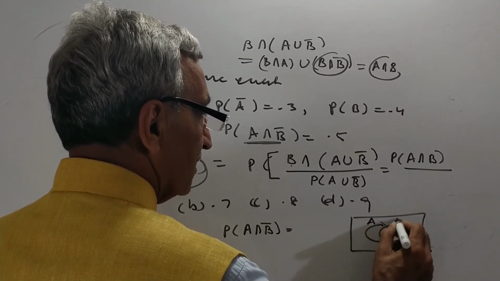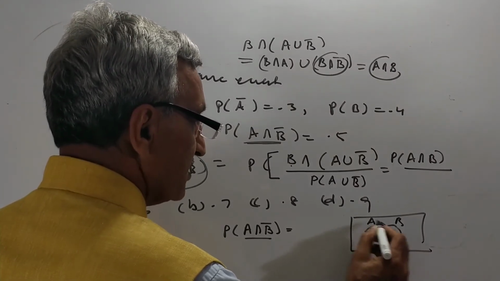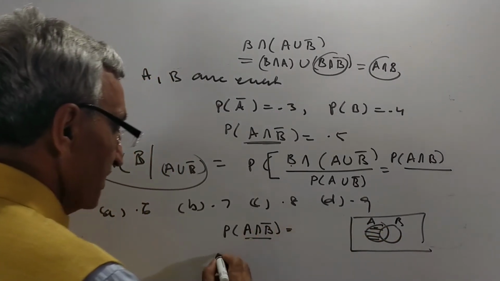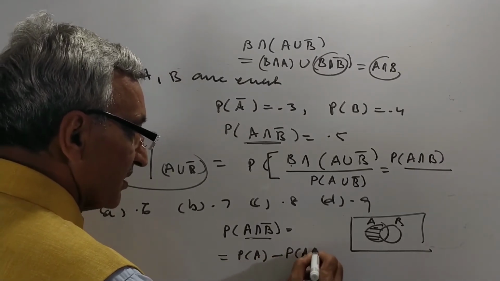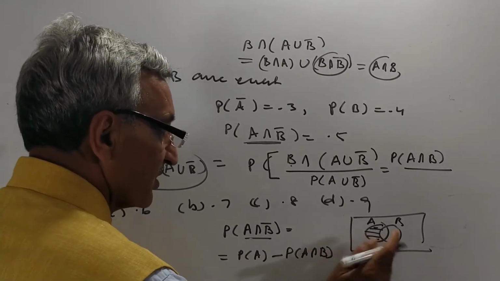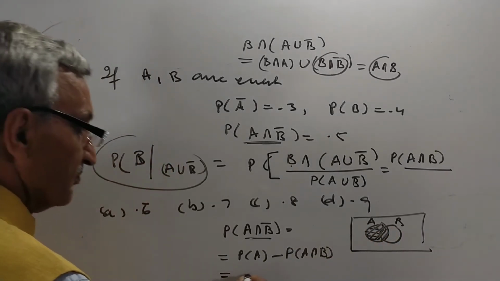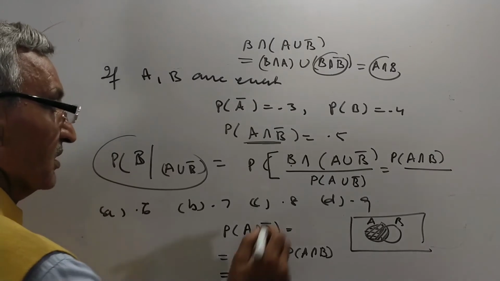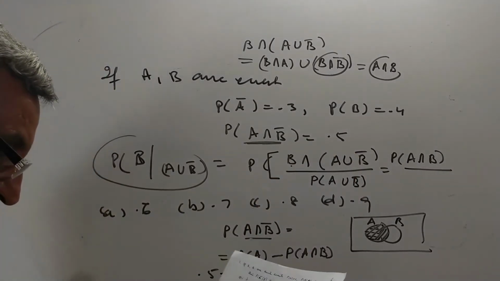This is A and this is B. He says A intersection B complement means there is A. This means probability of A minus the A intersection B. Look friend, here it is. This means probability of A minus. Probability is 0.4 and this is equal to 0.5.